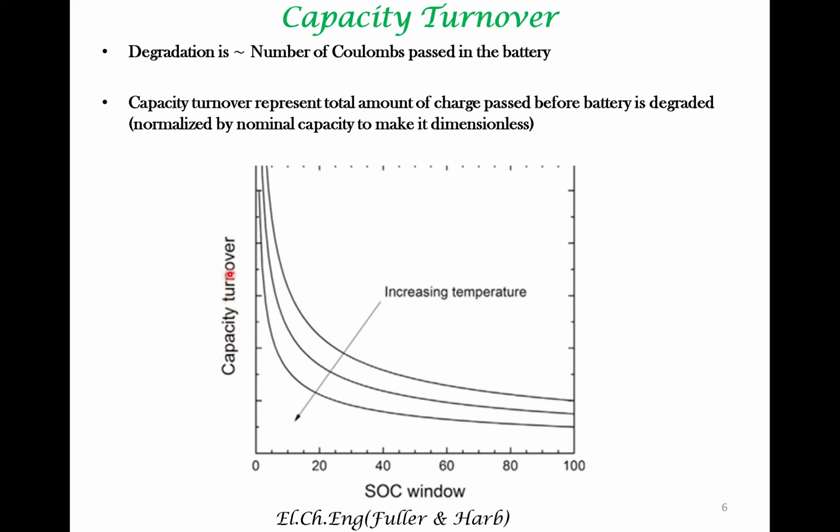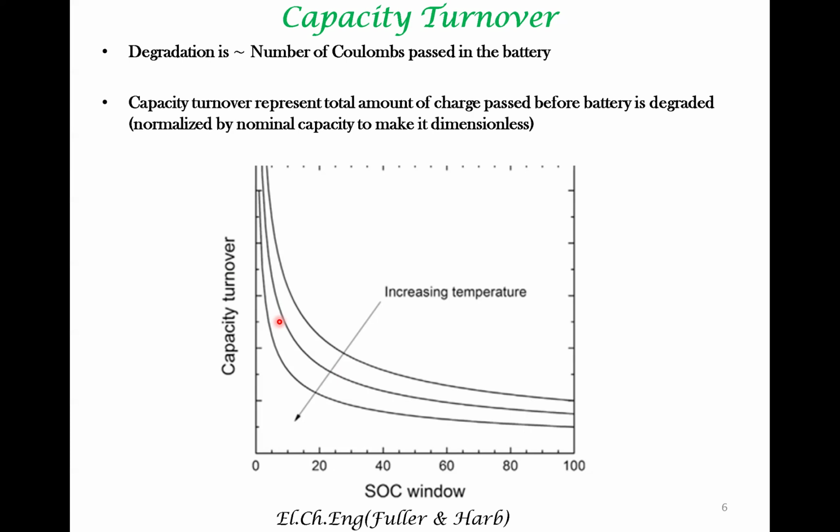So the degradation is limited if you keep the SOC window to a smaller range. So the more you discharge, again, this is a trade-off. The more you discharge, the capacity that can be obtained is greater. However, the degradation is also enhanced when you discharge to a greater extent.